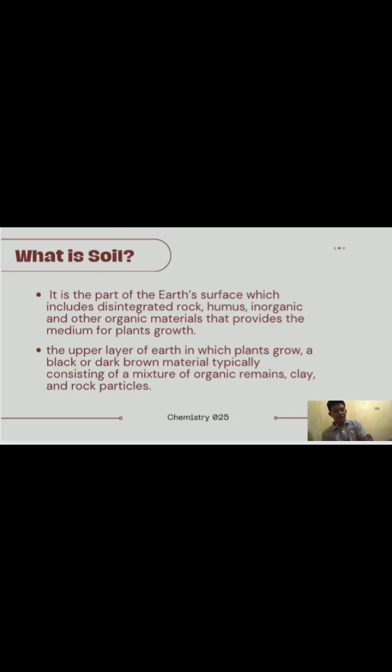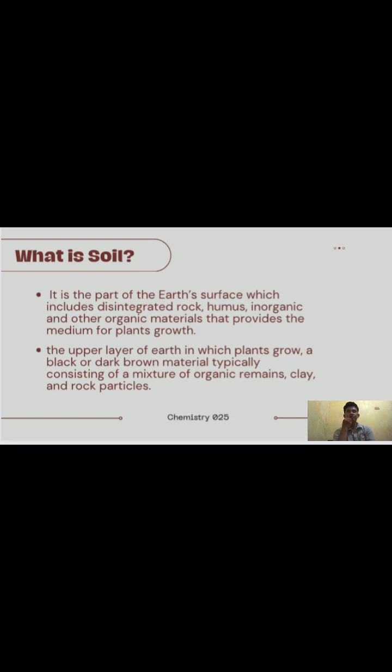So, basically, it says here that soil comes from rocks. But how? Soil is formed dahil sa pagka-break ng rocks.